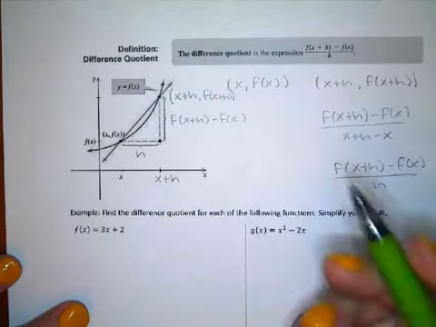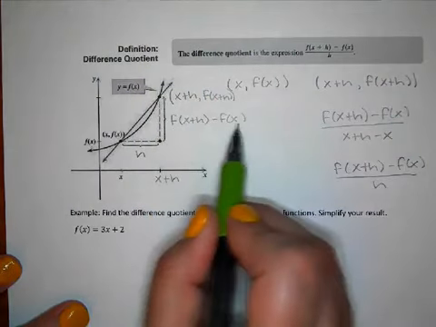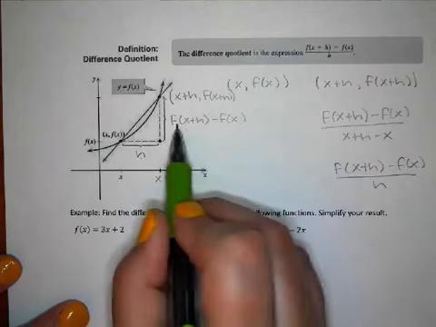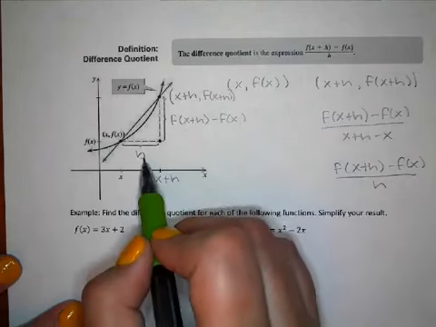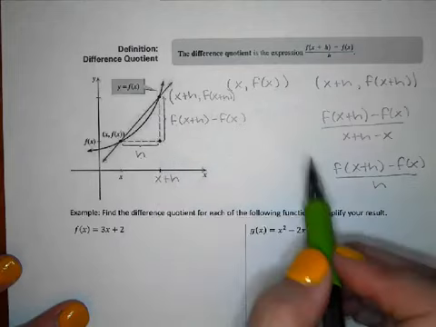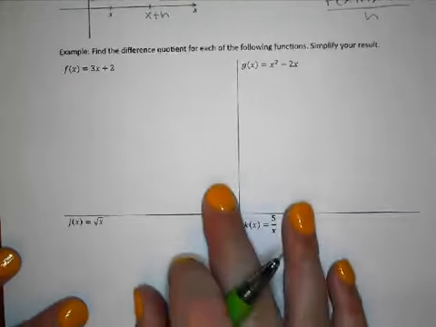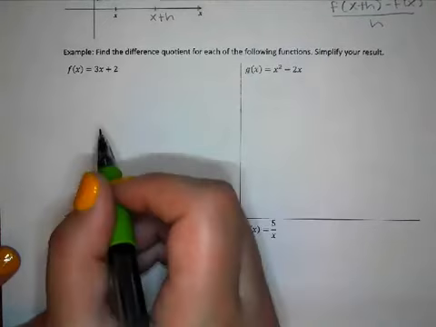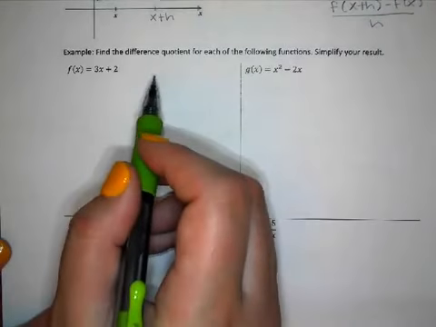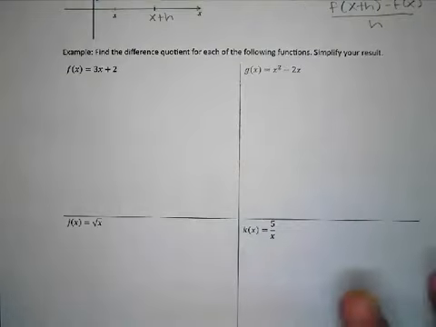So if you did rise over run, this would be your rise, this would be your run, or this would be your change in y divided by your change in x. It would be your approximate slope or your average rate of change on the curve. So for these examples, they're asking us to find the difference quotient, which is just asking, hey, can you give me a formula where I could find the slope between 2 points if I wanted it? So that's what we're going to do.